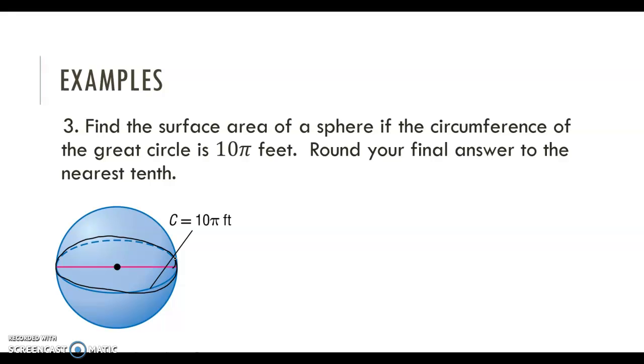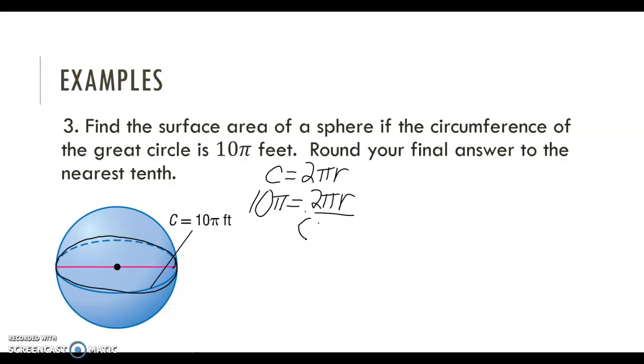We are going to use that circumference, 10 pi, to help us find the radius to then help us ultimately find the surface area. So if you recall, your circumference formula is 2 pi r. So we're going to use that to help us find the radius. So replacing the circumference with 10 pi equals 2 pi r.